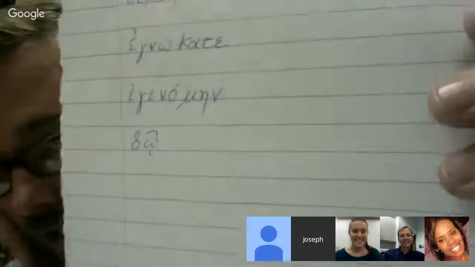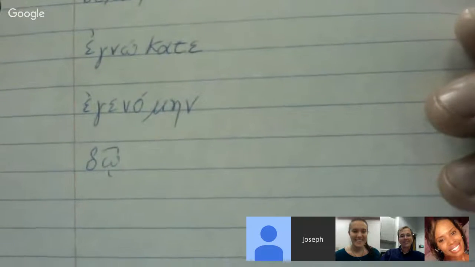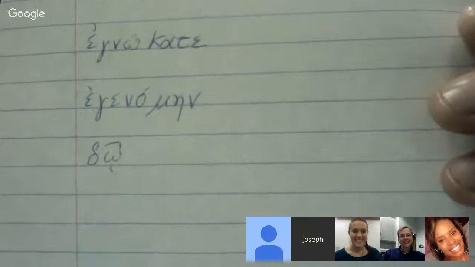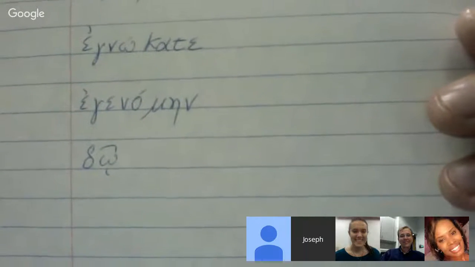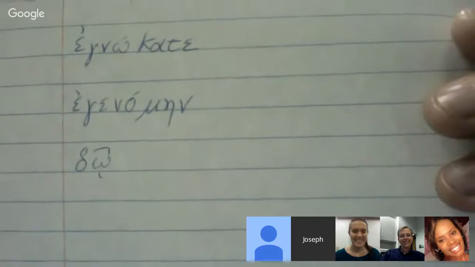Why is it singular? Because it goes main, sa, ta, metha, essa, nta. So main is the first singular form ending for the middle passive endings, secondary endings.